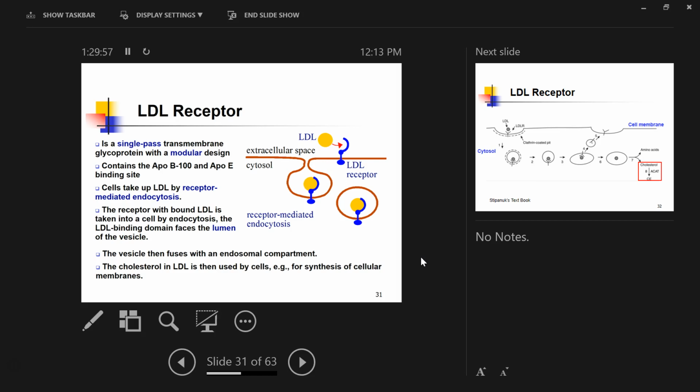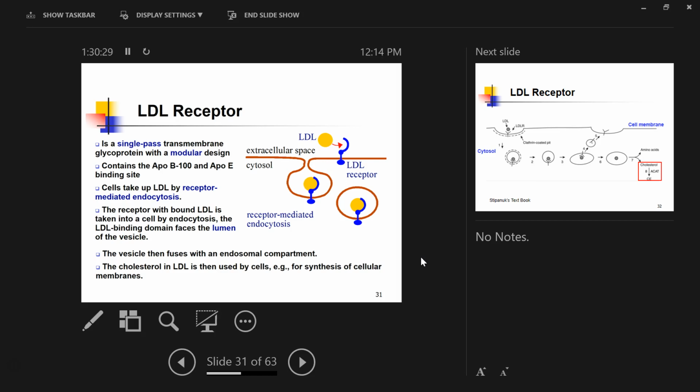Lipoprotein. The LDL receptor is located on the surface of the cells and has a binding site for ApoB100 or ApoE. ApoE or ApoB100 are located on the surface of the LDL, so they can bind the binding site on the LDL receptor.